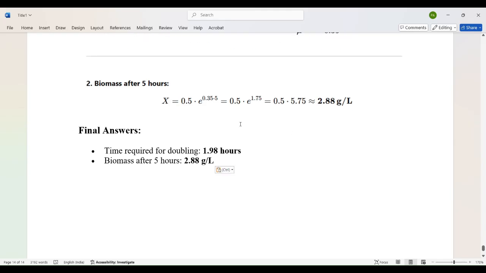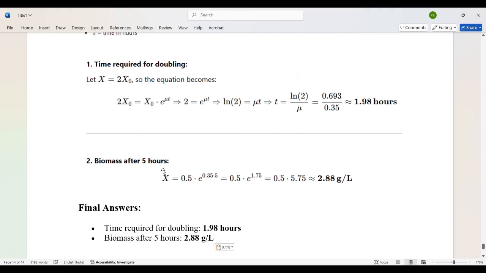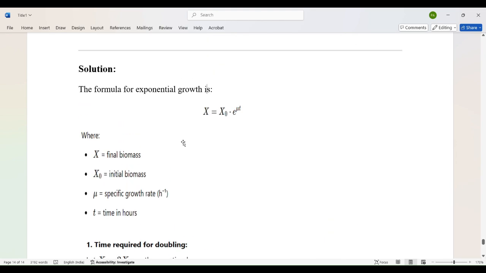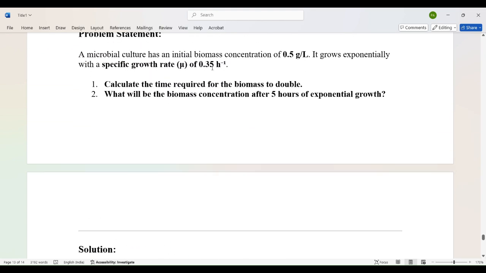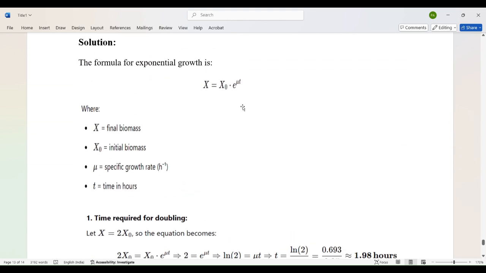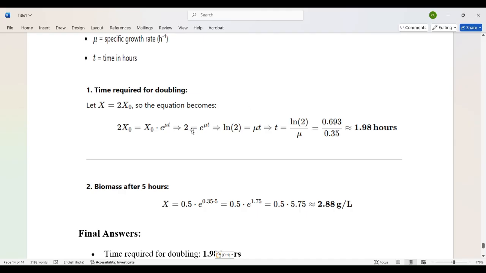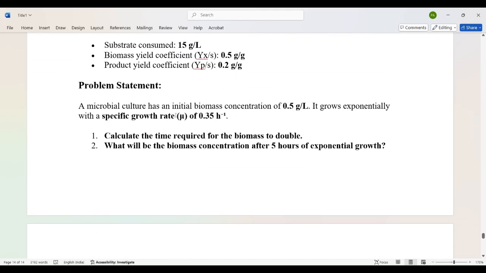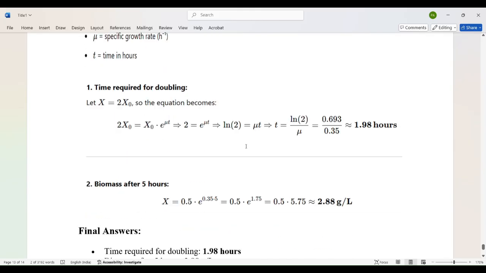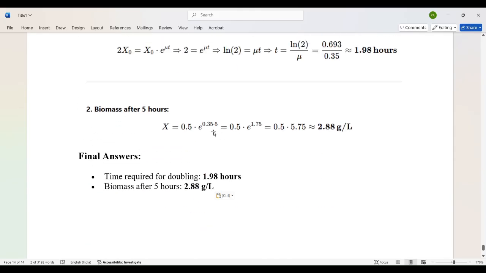Now our next question asked is what will be the biomass after 5 hours. So initial is 0.5, right? Initial concentration x0 is 0.5 into this, right? So 0.5 into e raised to 0.35, that is the specific growth rate that is also given here, right? And what is the time? That is 5 hours.